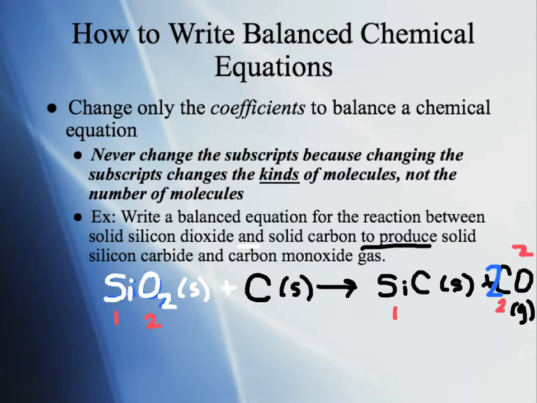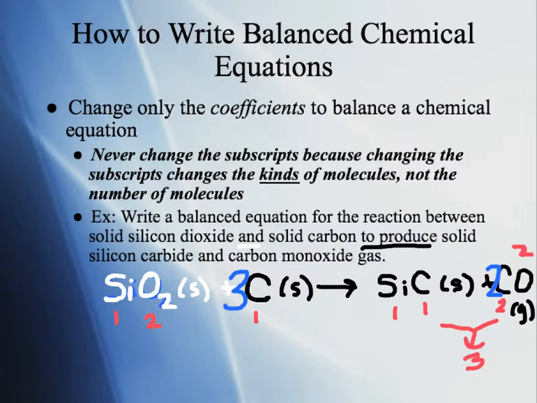All right, so let's take a look. On the left side, we have 1 carbon atom. On the right side, we have 1 here, and now we have 2 there. So we have a total of 3 carbon atoms on the right-hand side. All right, so 3 on the right and 1 on the left, we have to put a 3 out front here in order to balance out the carbon atoms on both sides.